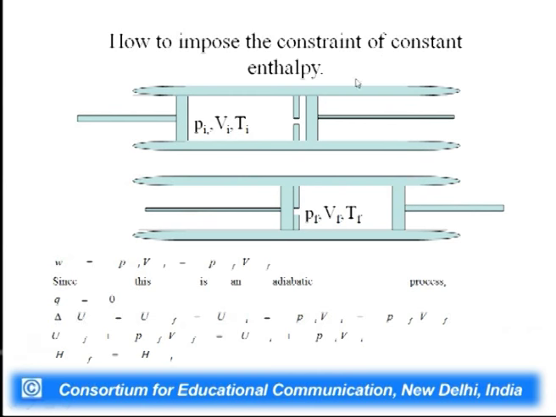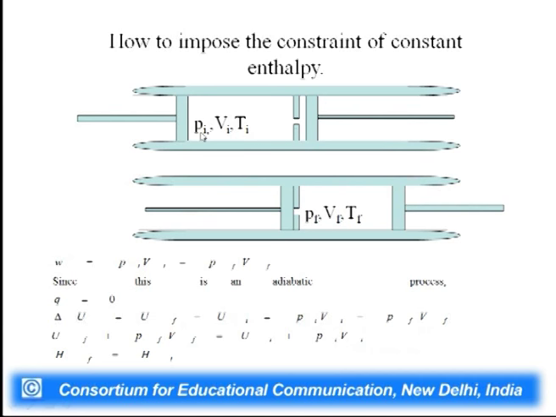Now, see, this is a cylinder which has adiabatic walls, so heat cannot go from this side to that side. They have a partition which has a small hole here, and there are two pistons on both sides of the partition.